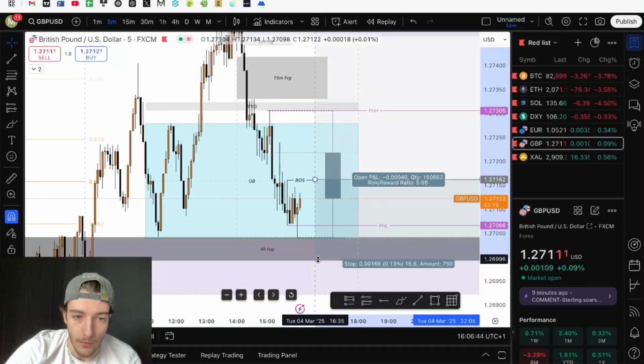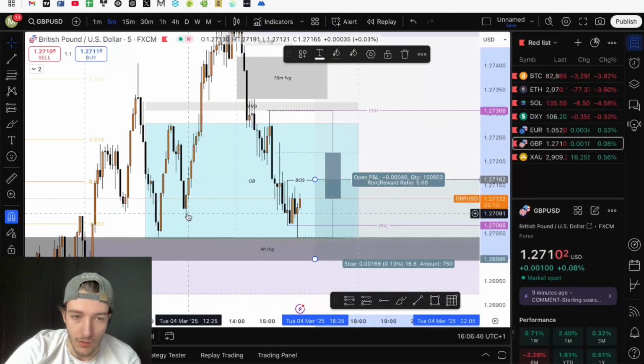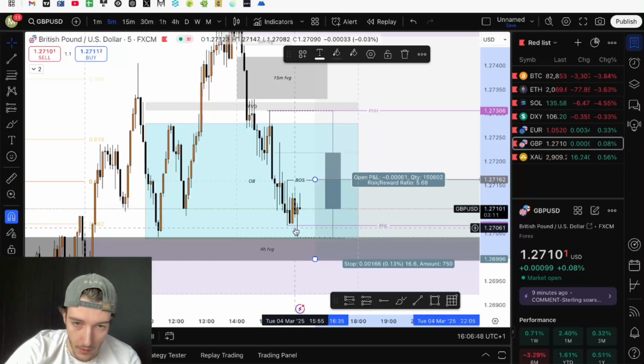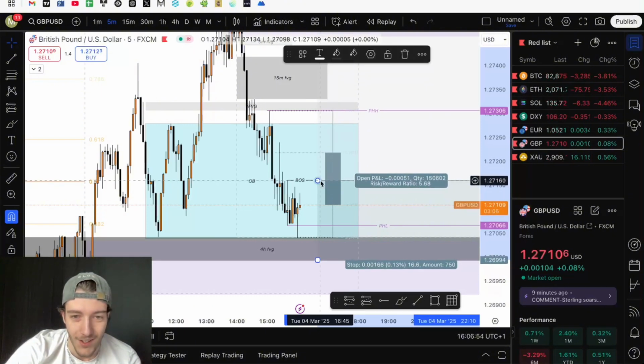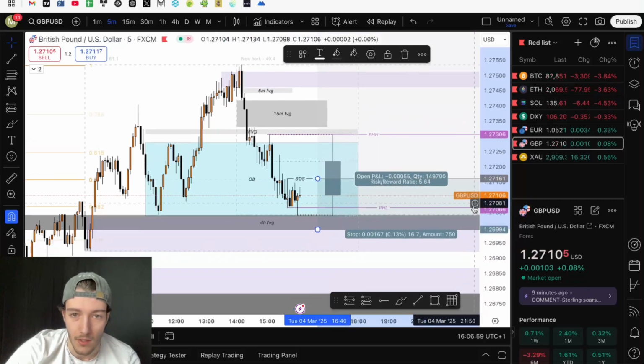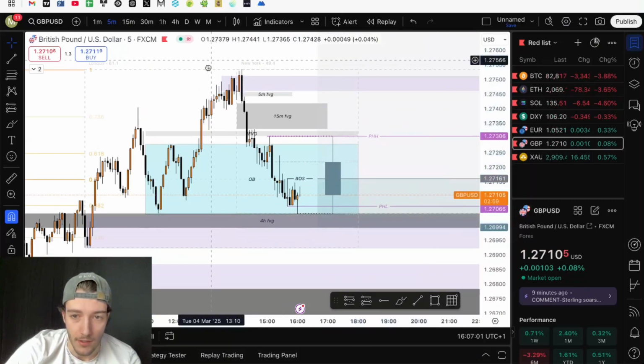We tapped into the 4-hour fair gap. We swept this low here, swept this low here, swept this low here. We're about to break structure. Once we break structure, I'm gonna be looking for longs finally.